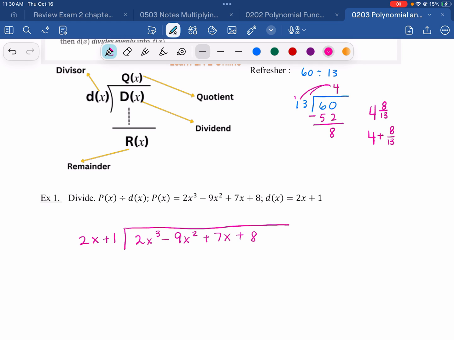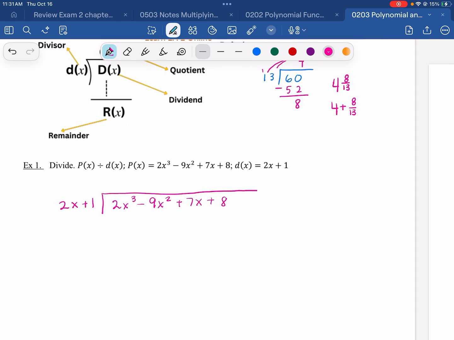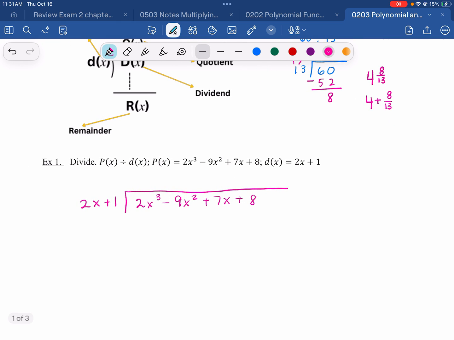How we do this, we're going to have a little side chart over here on the side. This is like my work area. This will help some people. Okay. So what we do is we take our first term, our leading one, and with our leading one we're taking 2x cubed and dividing by the 2x.